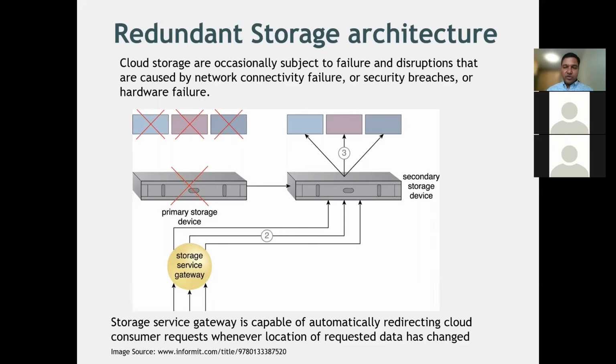So what are they going to do? This kind of situation can happen because of hacking, or because of network connectivity failure, either at the cloud side or at the user side. Or let's say we are accessing while moving, and at that time the connection is relocating from one mobile tower to another.